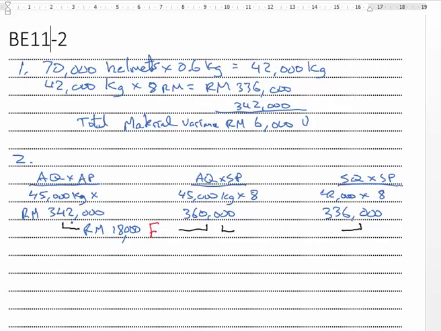So we are paying less. If we were to do the math and figure out what this amount here was, we would discover it would be something less than 8. So we have a favorable price variance.